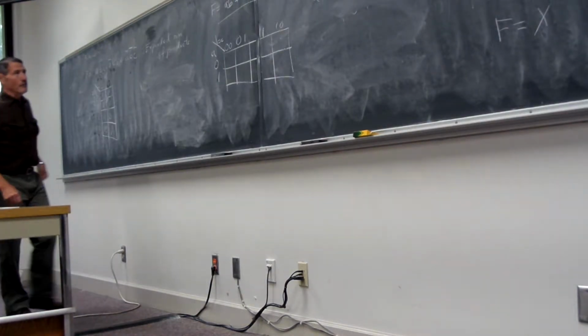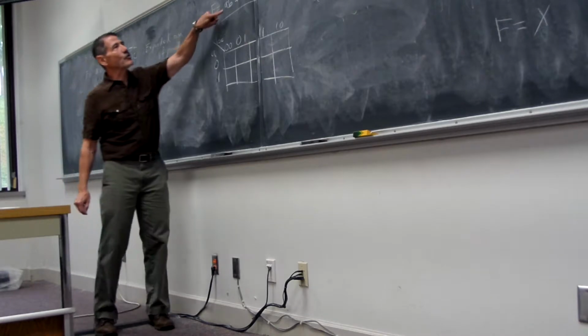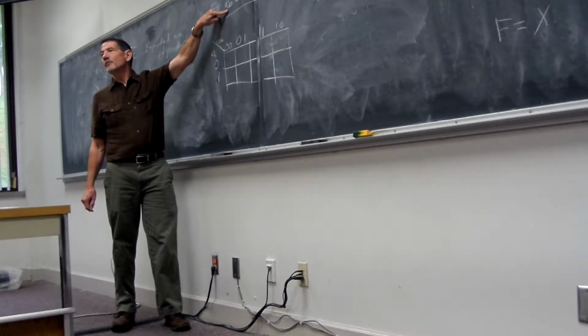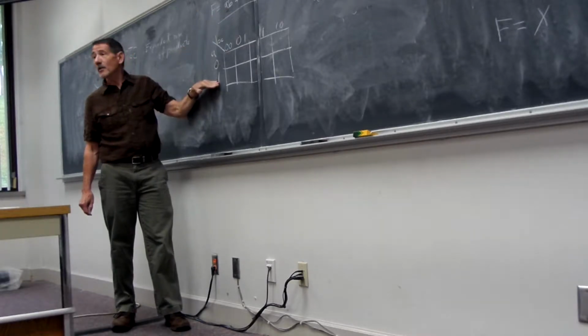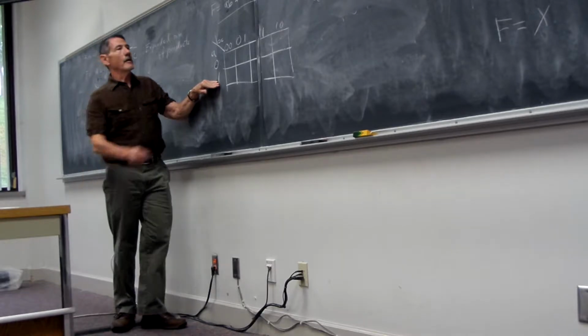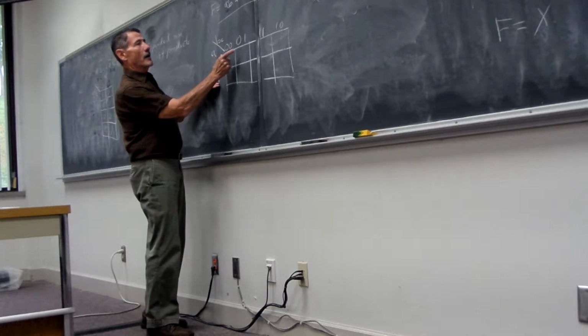All right, so let's take this term here. What do I have to do for A and B to make F1? A has to be 1, that's here. B has to be 0. That's where? Here.